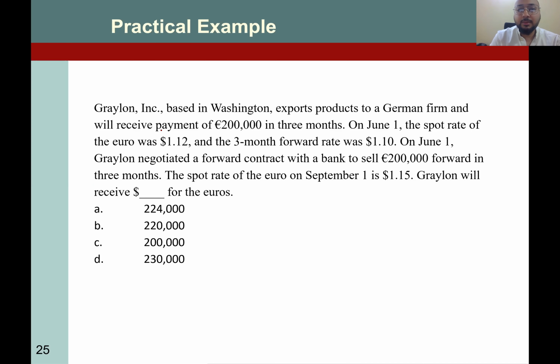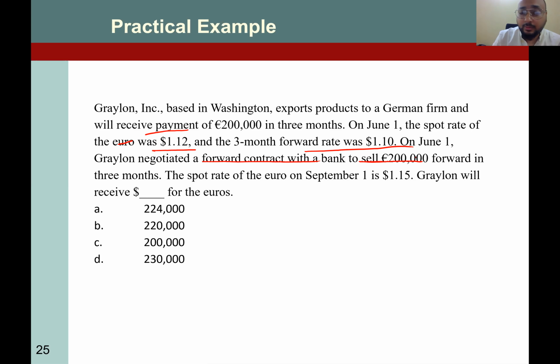So we'll receive the payment of 200,000 euro in 3 months. On June 1st, the spot rate of the euro was 1.12. The 3-month forward rate was 1.1. On June 1st, Graylon negotiated a forward contract to sell 200,000 euro forward in 3 months, right?